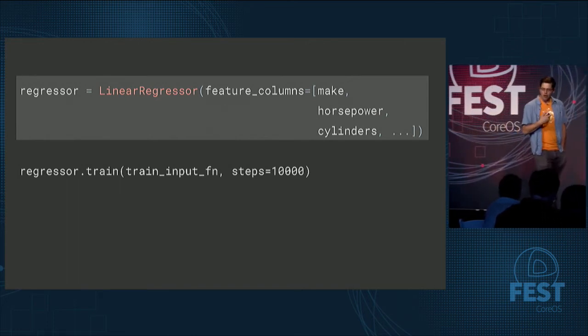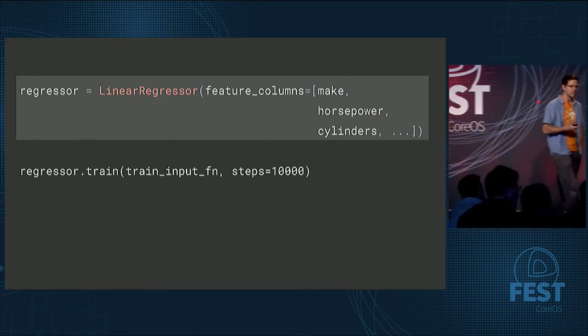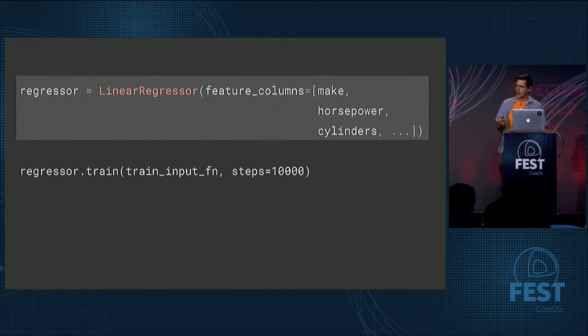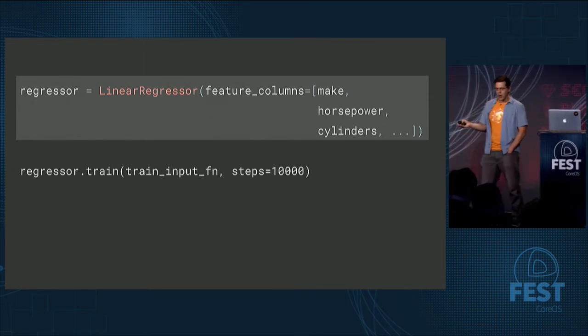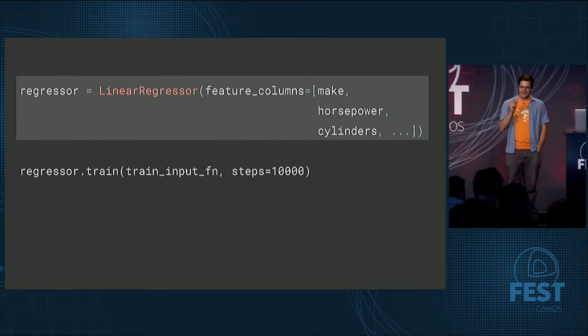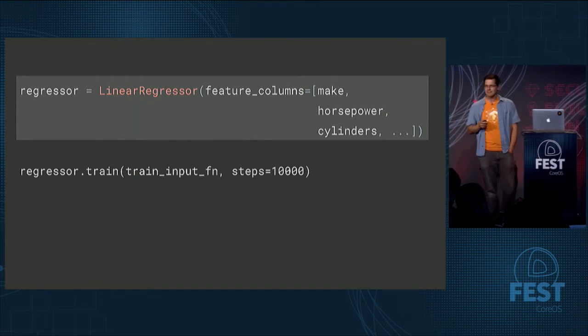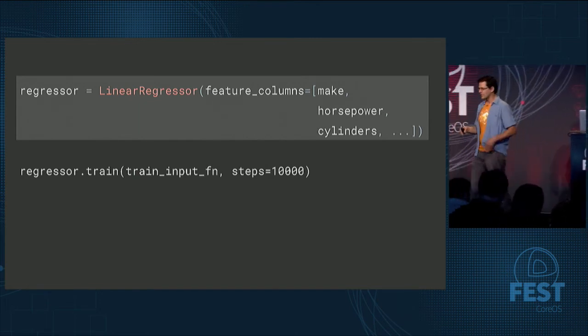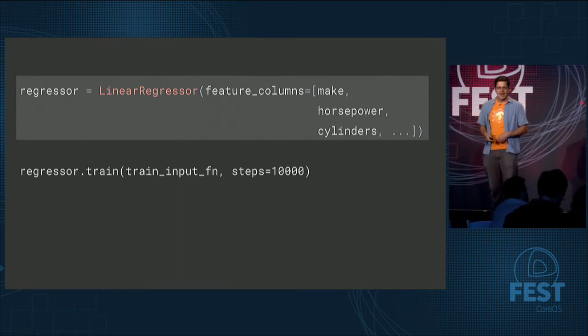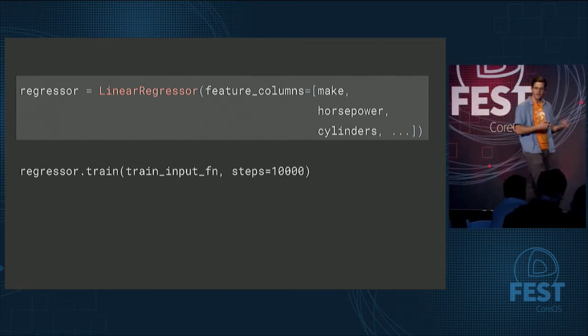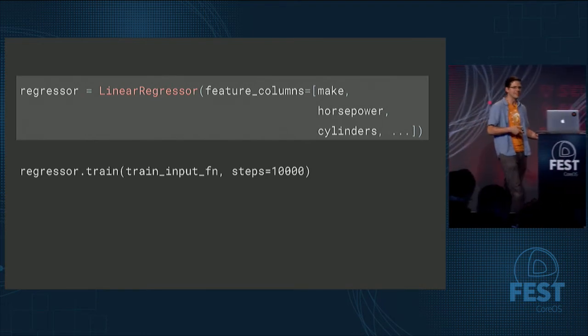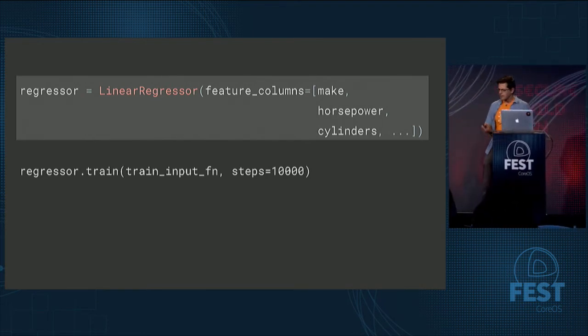In this example, we're trying to learn car prices from descriptions of cars, where the description involves the make of the car, the horsepower, and the number of cylinders. I've left out the code where you describe what type of inputs the model is expecting. The make is categorical. It's chosen from a short list of strings. The horsepower is a real number, a floating point number. The number of cylinders is an integer.